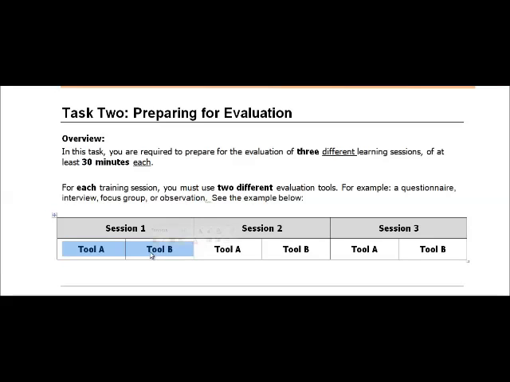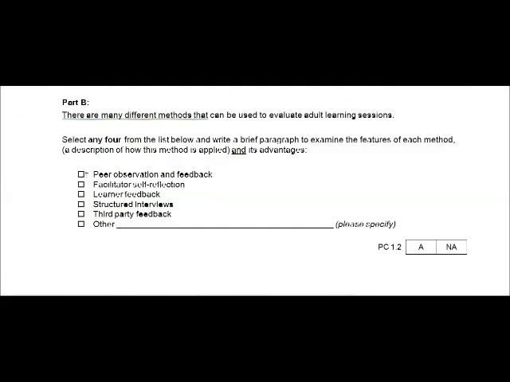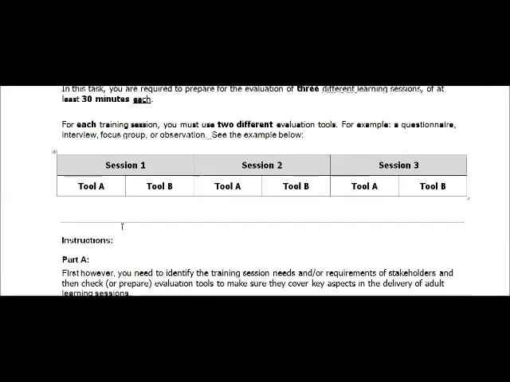Now what I mean by that, if I just go back, these are examples of tools. Being peer observed, doing self-reflection, getting feedback from your learners, getting someone from a third party coming in to give you feedback. So for each session you have to use 2 different tools, or 2 different methods.